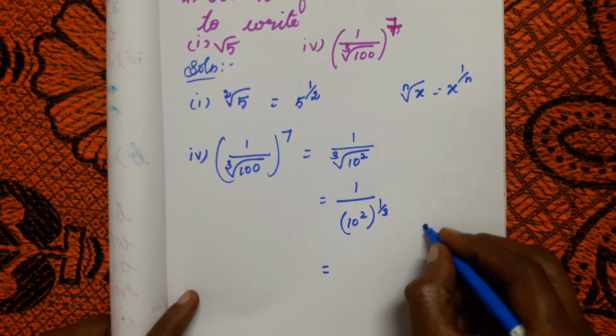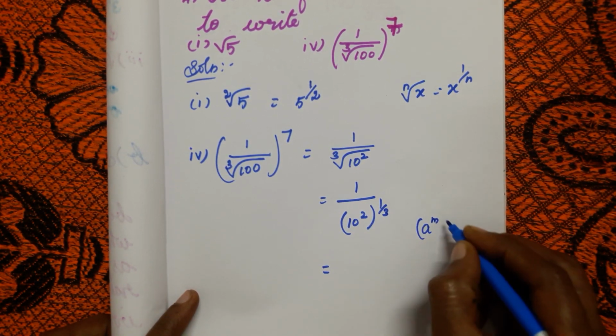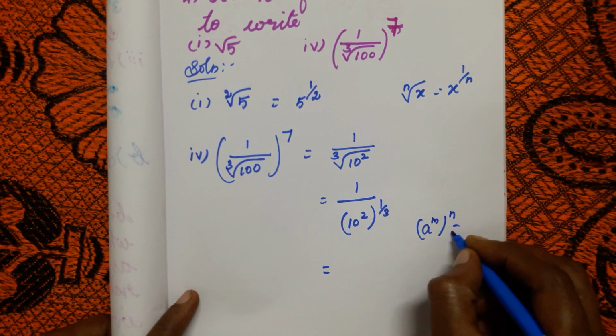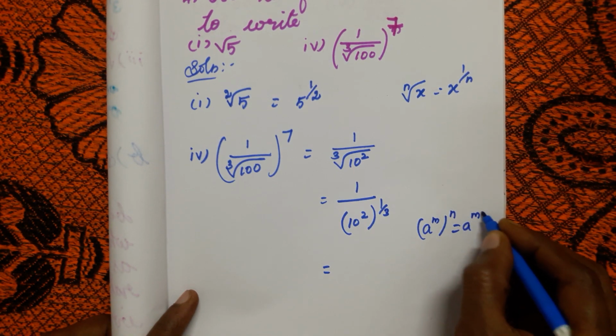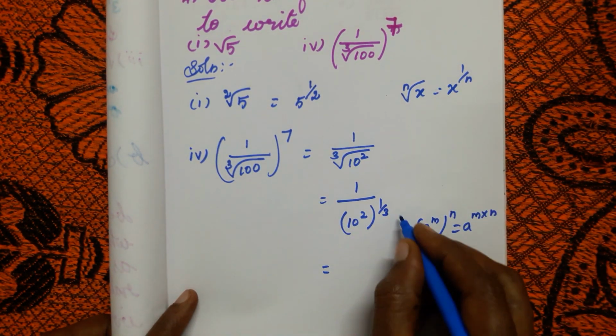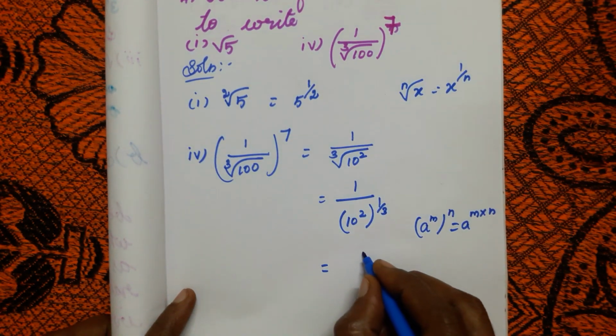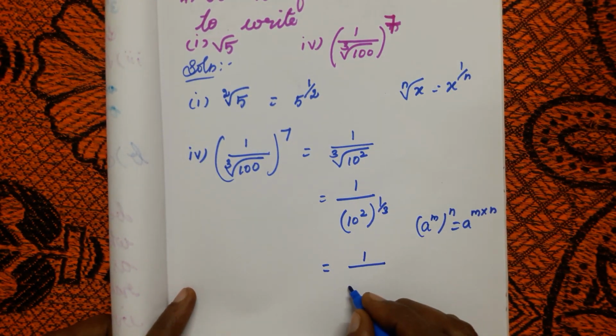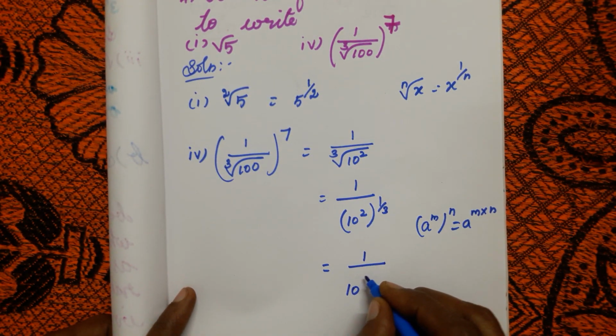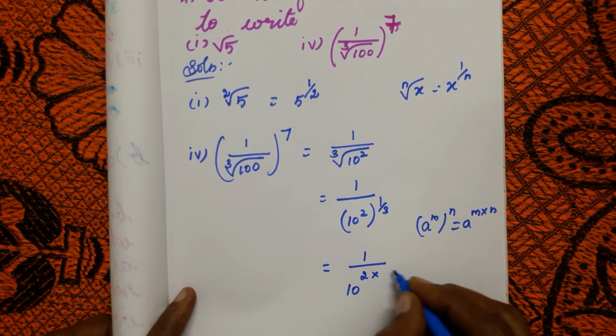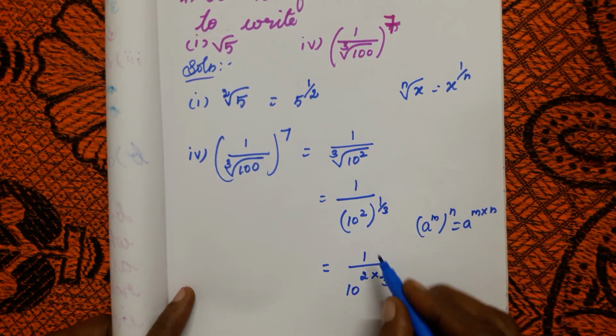Again, a power m the whole power n is equal to a power m into n. Here we are using the same: 1 by 10 power 2 into 1 by 3.